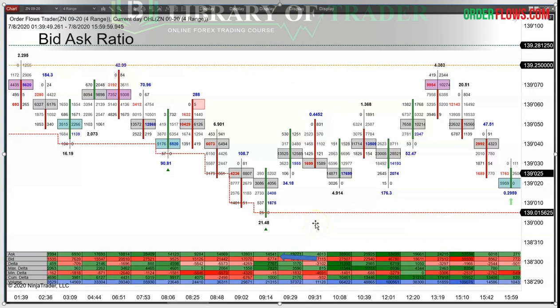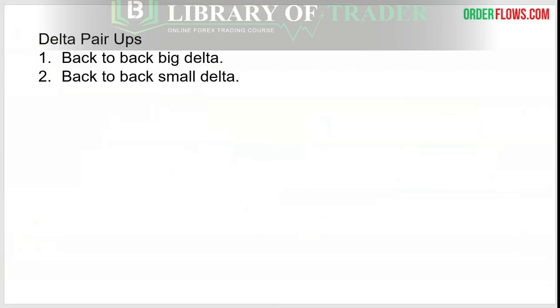So again, try to get your head around the type of chart that you're using and how the chart is formed, right? But this bid-ask ratio is actually a very powerful tool. We're currently working on a program to trade certain markets specifically using this analysis, and it's quite powerful.